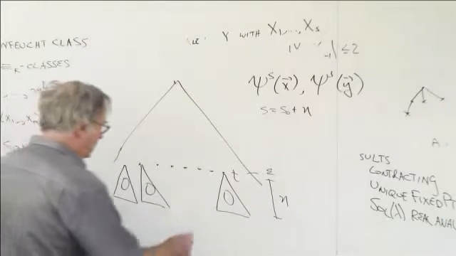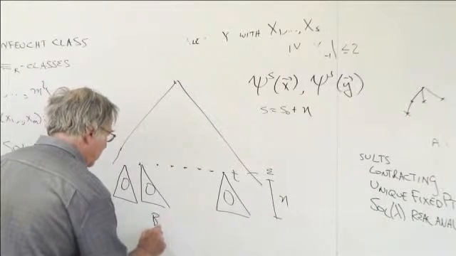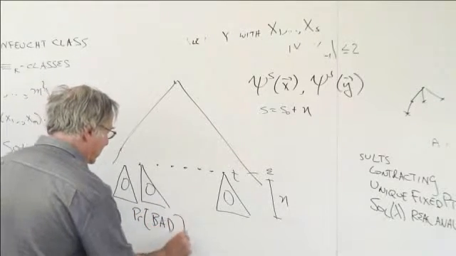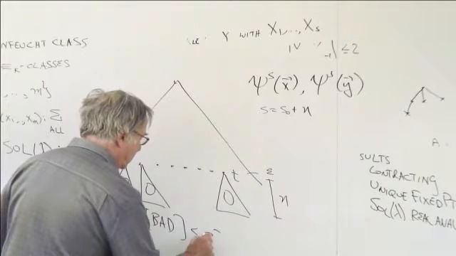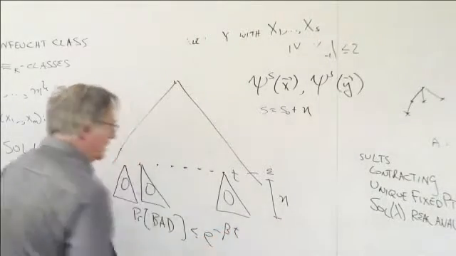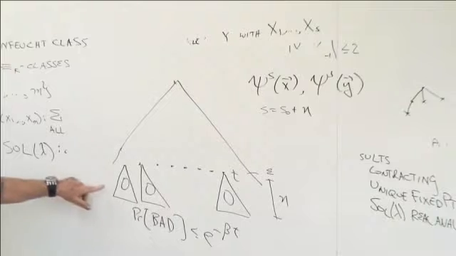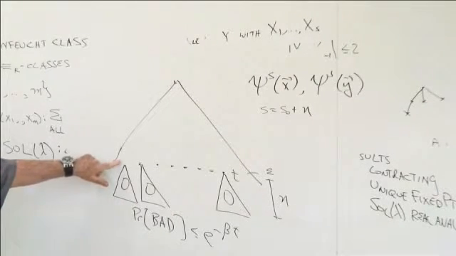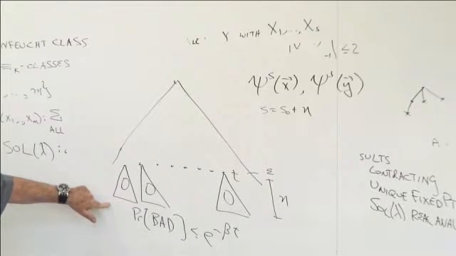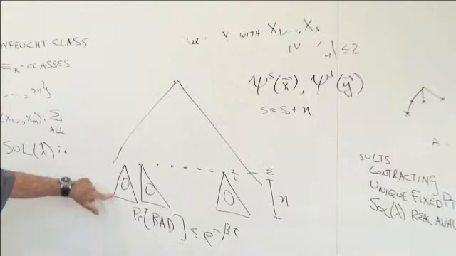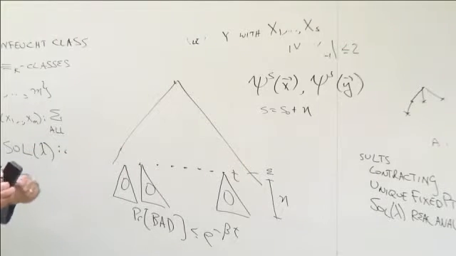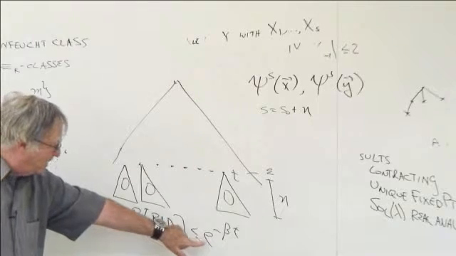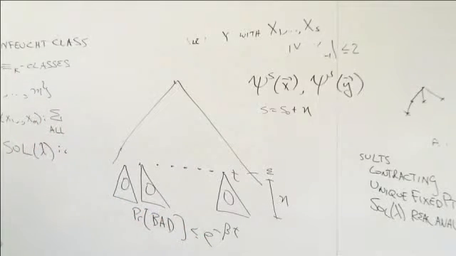So call it bad, if it's not determined, the probability that it's bad is exponentially small in t. When it is bad, we're getting an extra t times lambda to the n, which is hitting us on the contracting, it's becoming expanding, but it's t times lambda to the n, but times e to the minus beta t.